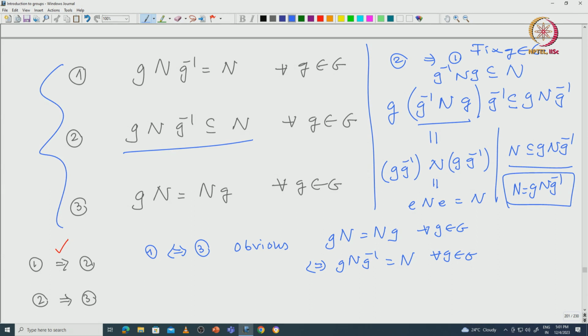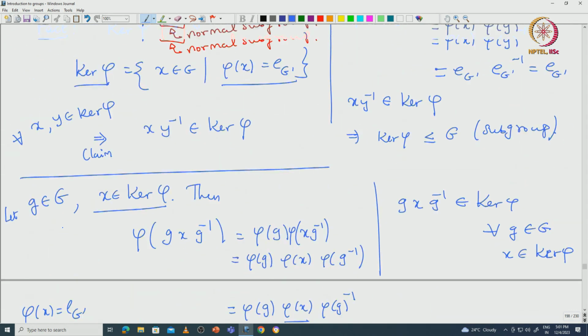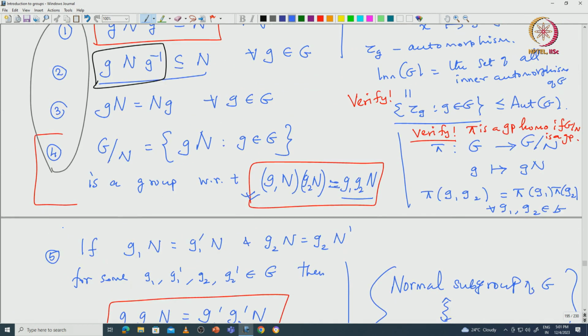So now, using this, we want to verify the fourth statement, which is that G modulo N is actually a group with respect to this product. For that we have to verify a few things. First, the product given here, the map from G modulo N cross G modulo N to G modulo N, is actually a well defined map.